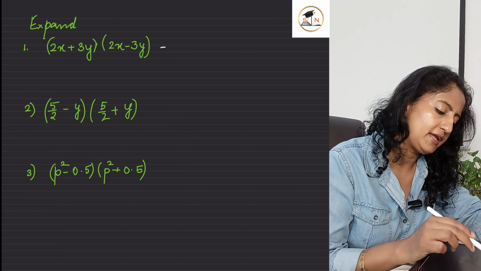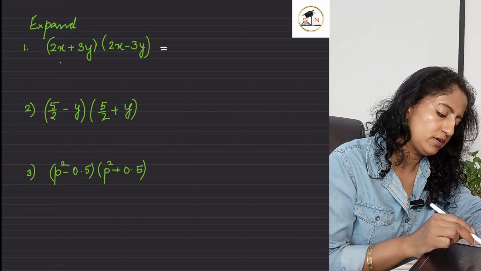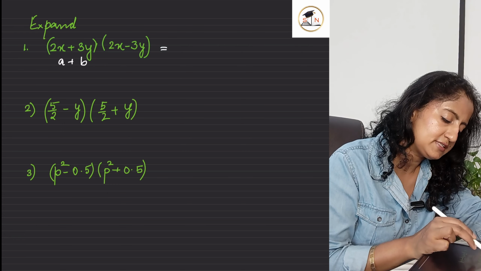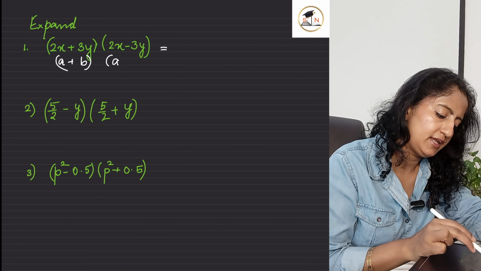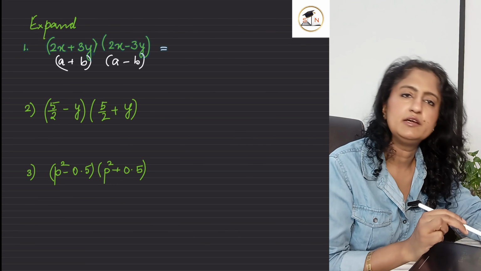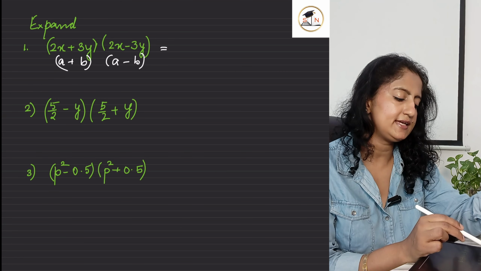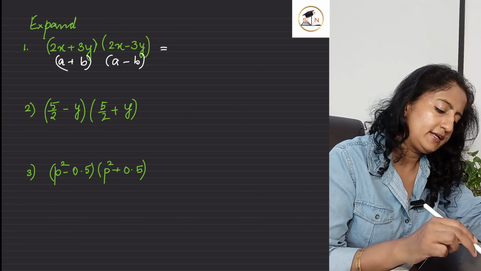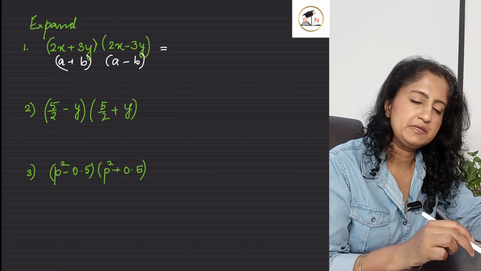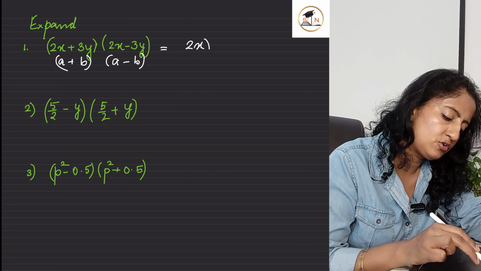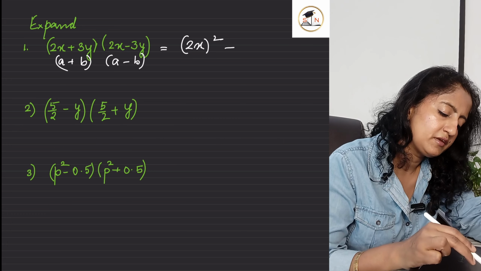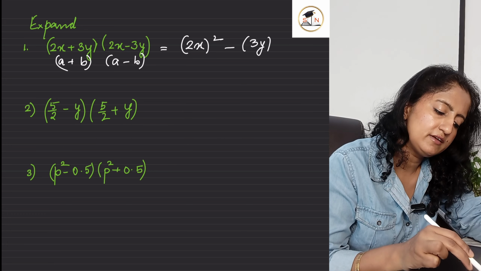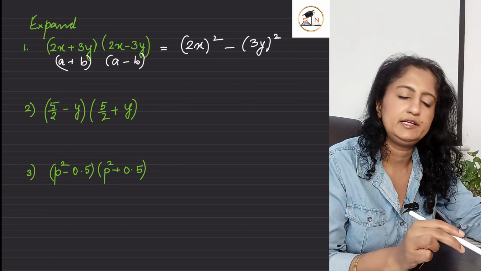Okay, so applying that, now this is a plus b and a minus b. That means my a is 2x over here and b is 3y. So writing with respect to a square minus b square, it gives me (2x) whole square minus (3y) whole square, right?